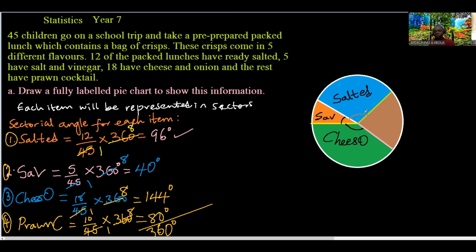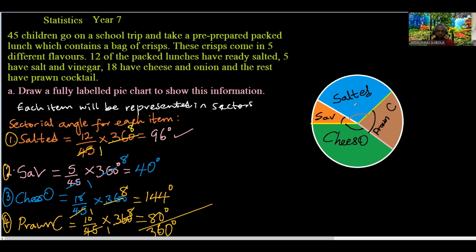Then I have the brown cocktail. That's brown C. So this is a fully labeled pie chart to represent the information. Is that clear?